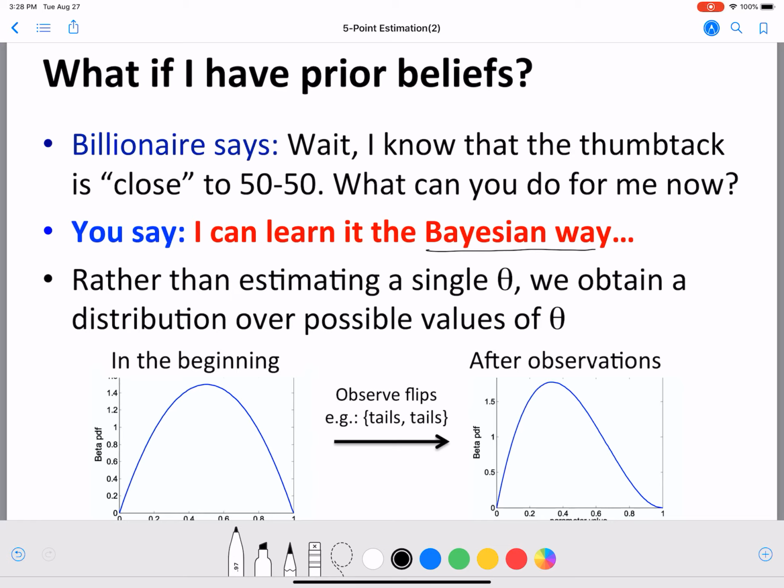Here we don't estimate a single value of theta, but we obtain a distribution over possible values of theta.